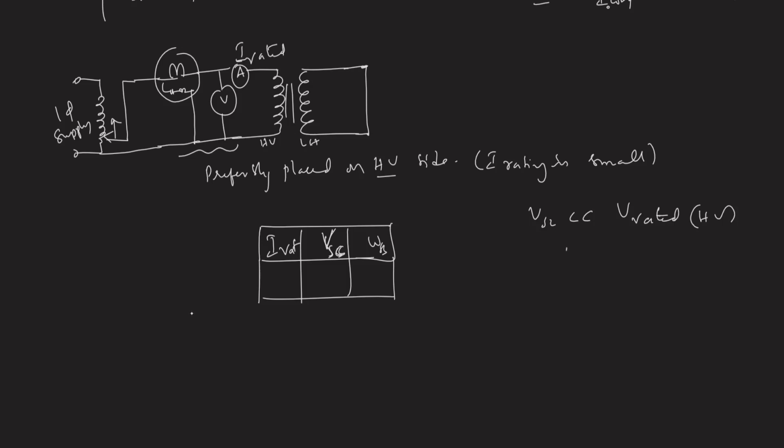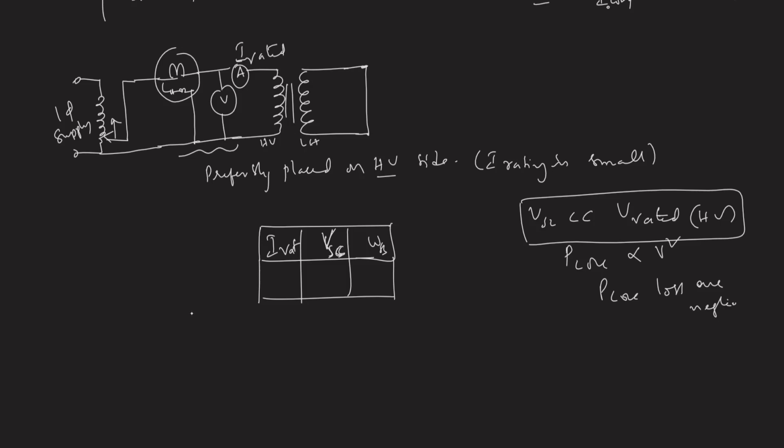So the core losses, which are proportional to V square, are assumed to be negligible under this short circuit test. So what the wattmeter reading is showing under this test is completely towards the rated copper losses.